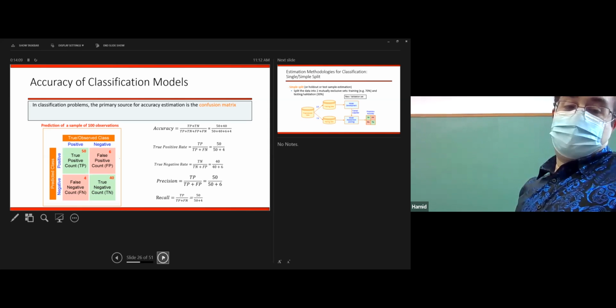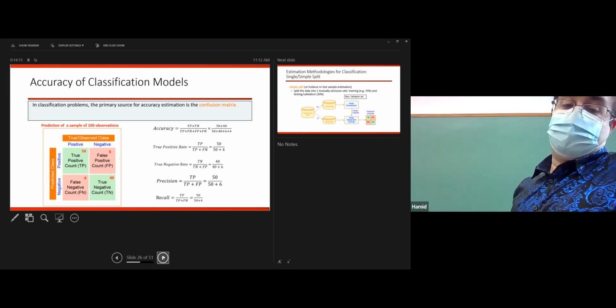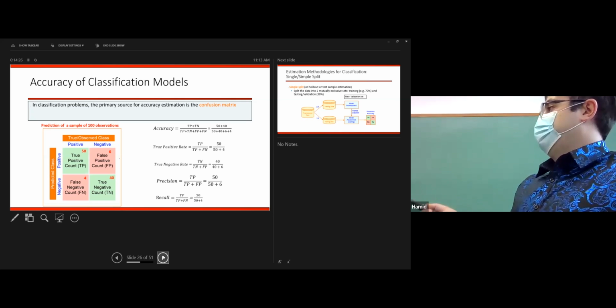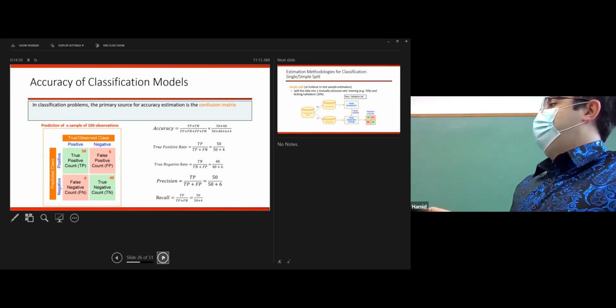For example, if true positive count is 50 and false positive count is 60 and so on for the remaining, what could be your accuracy? What could be your sensitivity, specificity, and recall? At the end, we want to have a high accuracy and a high true positive rate and high true negative rate.